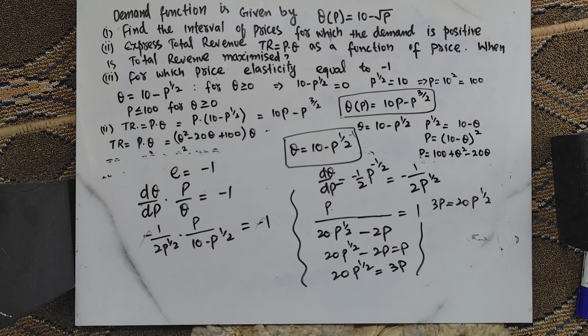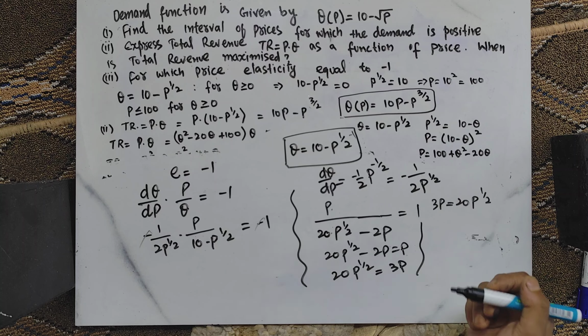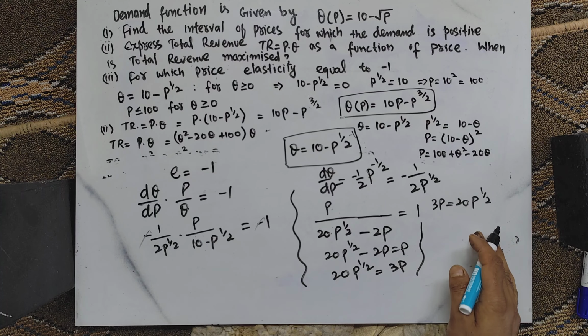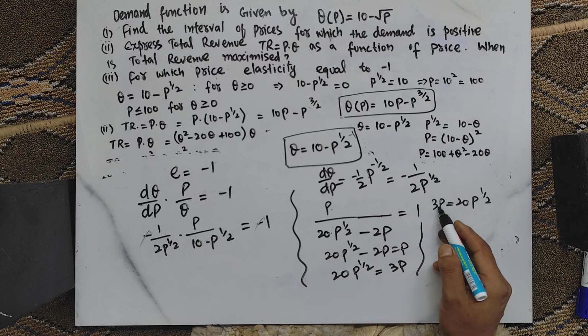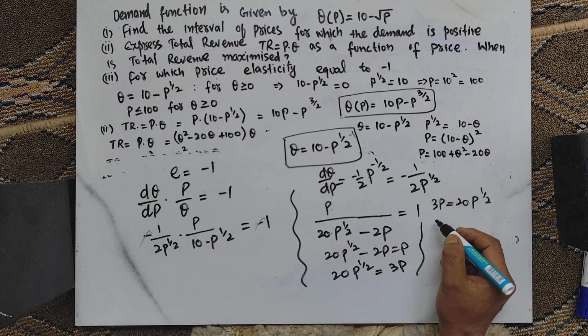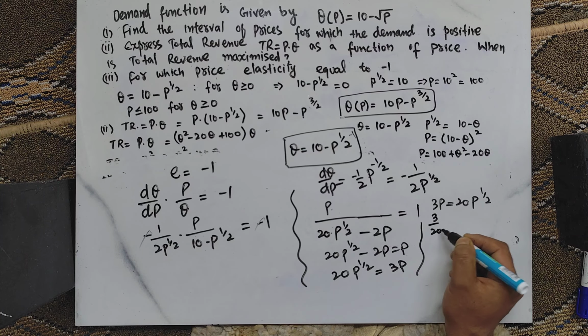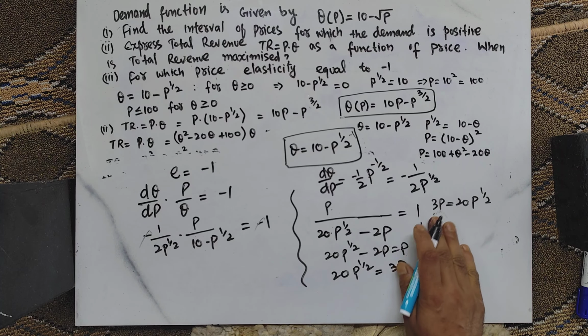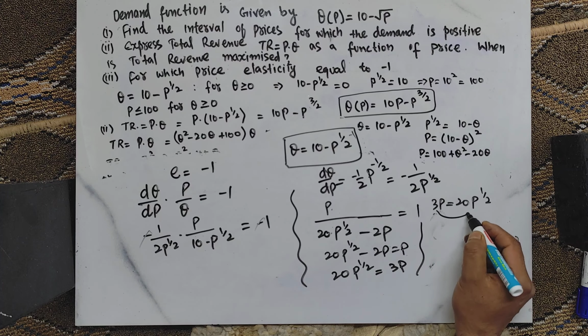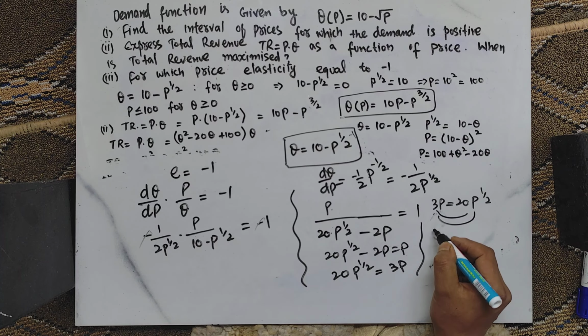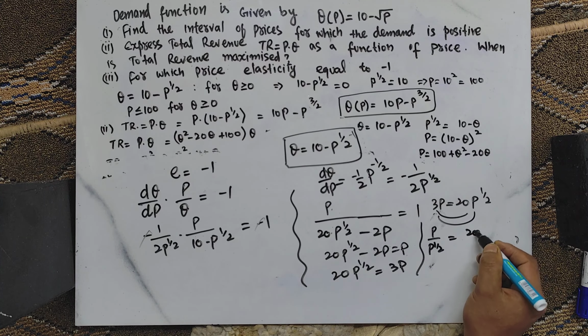Okay, have I done it correctly here or not? So we get 3 upon 20, or transposing, p divided by p raised to the power 1 upon 2 is equal to 20 upon 3.